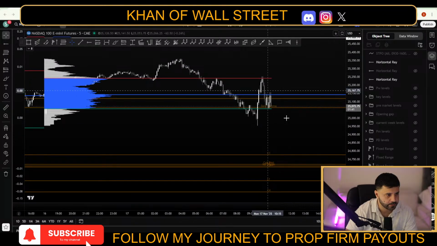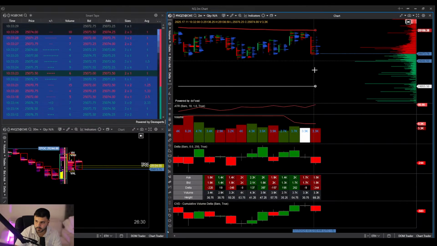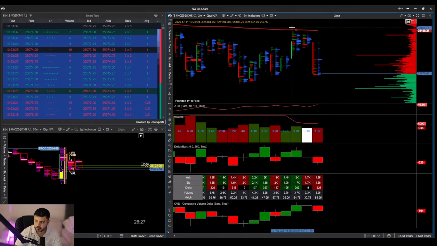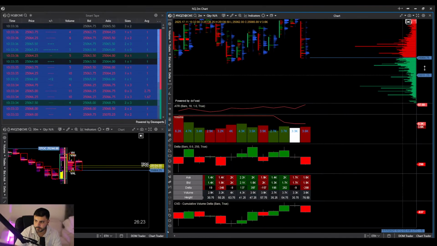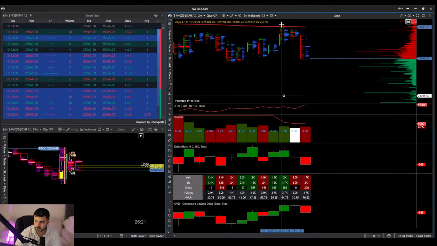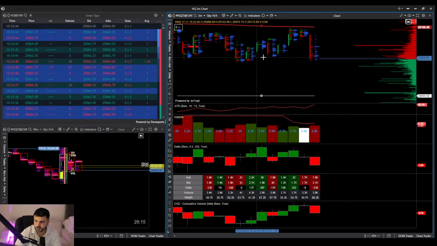Yeah, look at that candle. That's the thing. You had a lot of delta opening. You look at this. So much delta. A lot of stops. That's a lot of stops in that candle. You see how all the green deltas are spread out throughout the candle? Yeah. This would be late shorts.